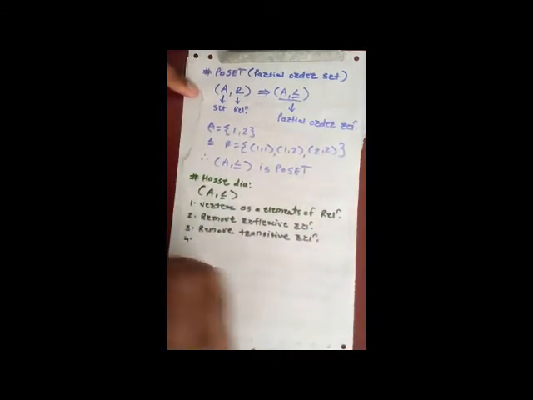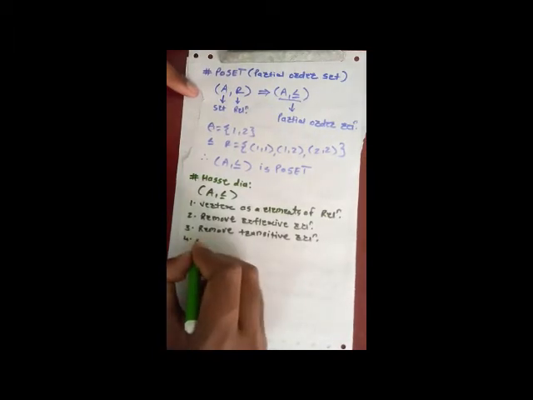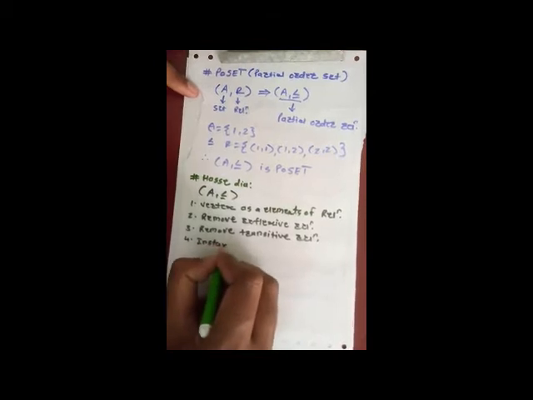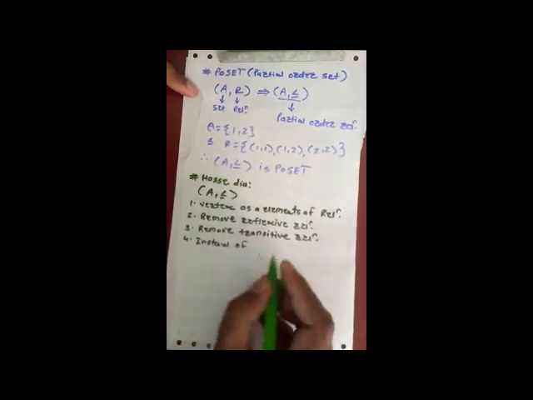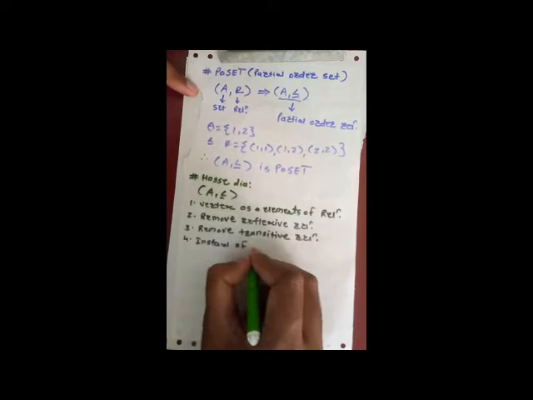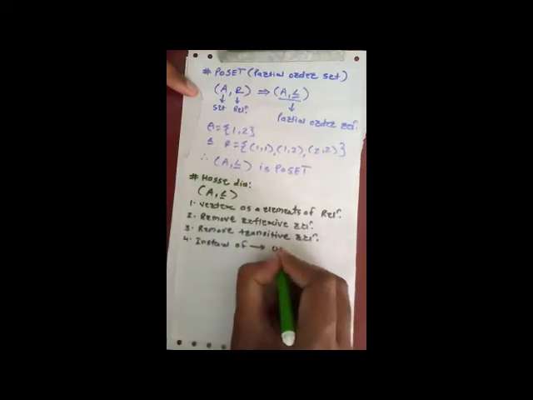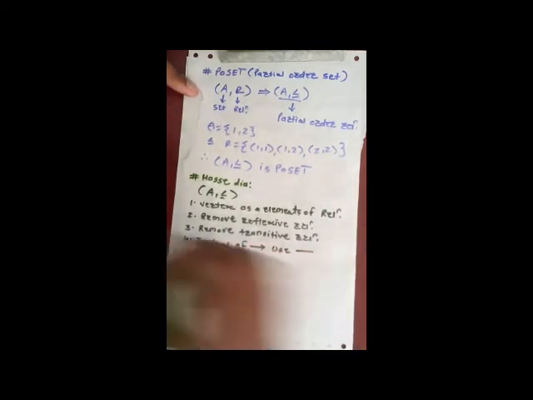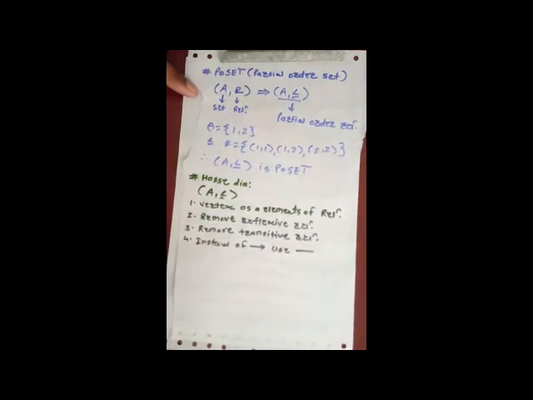And next one is, instead of an arrow, use a line to draw the diagram or to connect the related elements.